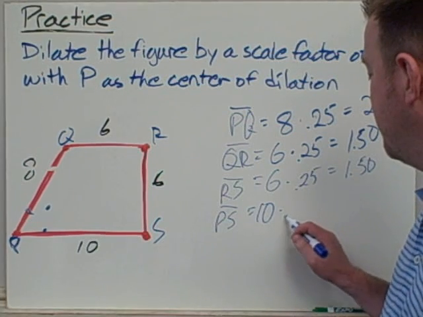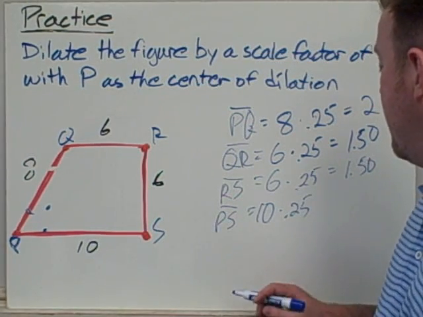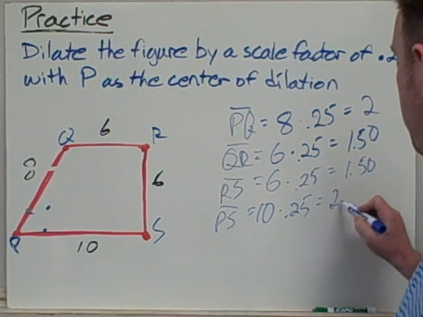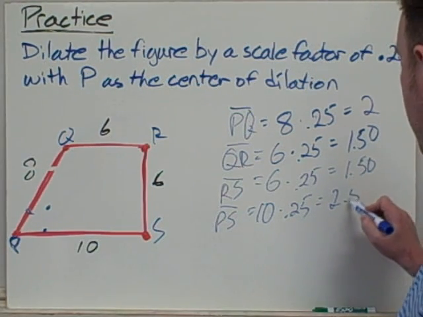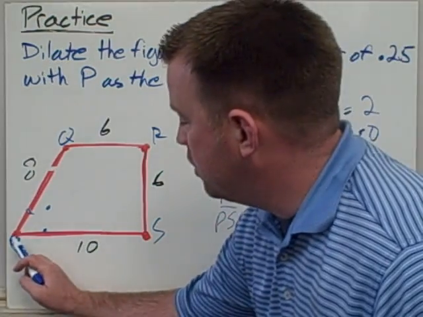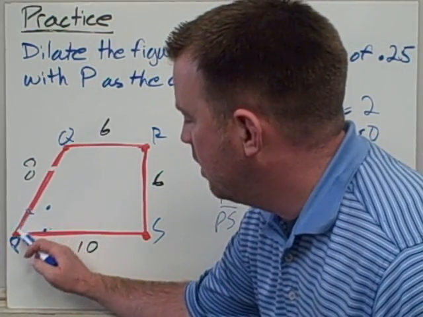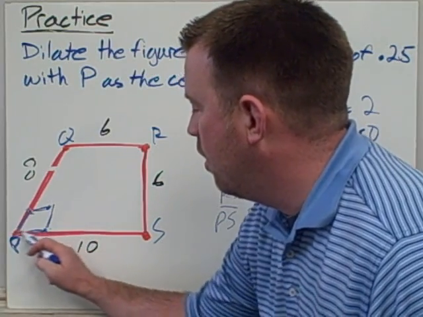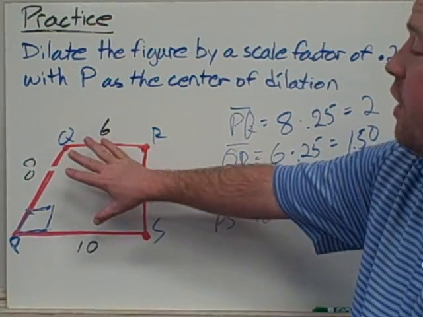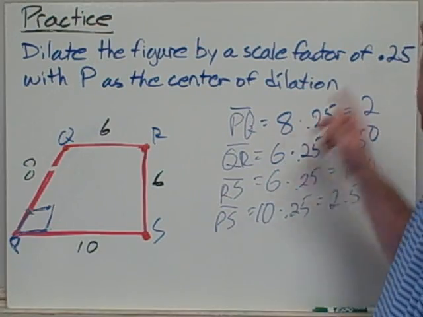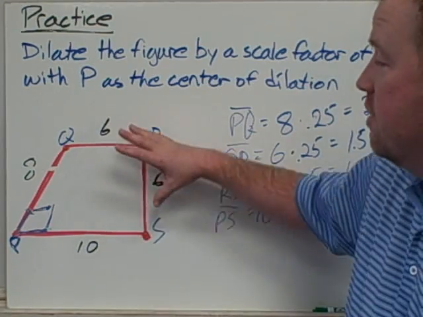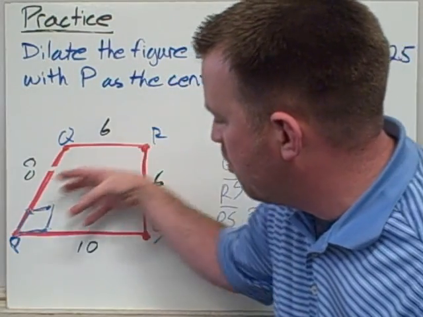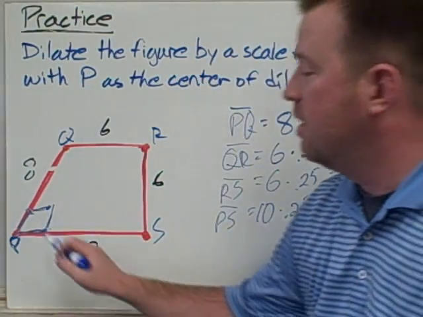We multiplied 10 times 0.25, and that is going to be 2.5. And that's going to be 2.5 units there. This would be our new figure based on a dilation of 0.25. And it's all been dilated from point P, which means it comes back to point P. This is our new shape.